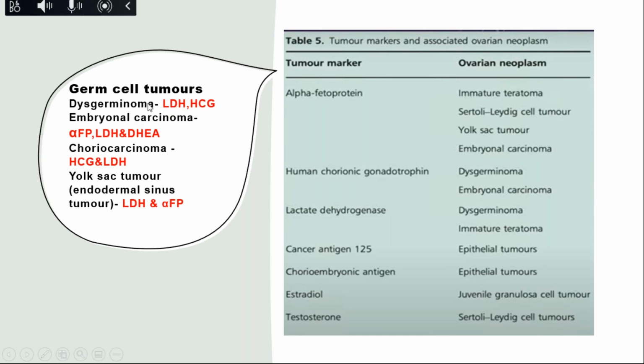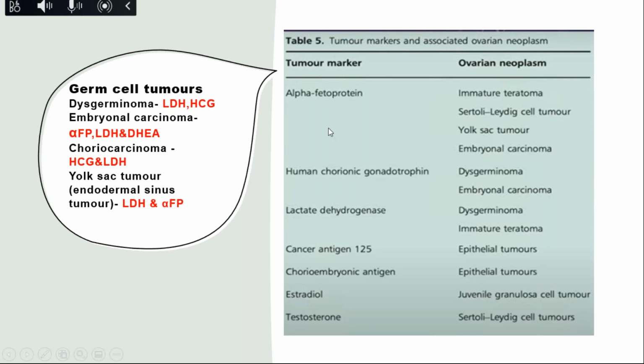Like in germinoma, there can be raised LDH, HCG, and in embryonal carcinoma, it can be alpha fetoprotein, LDH, and dihydroepiandrosterone. In choriocarcinoma, HCG and LDH; in yolk sac tumor, LDH and alpha fetoprotein. I request all of you to remember these tumor markers because there are so many questions in the SBA, and also in AMQ can come related to these tumor markers.